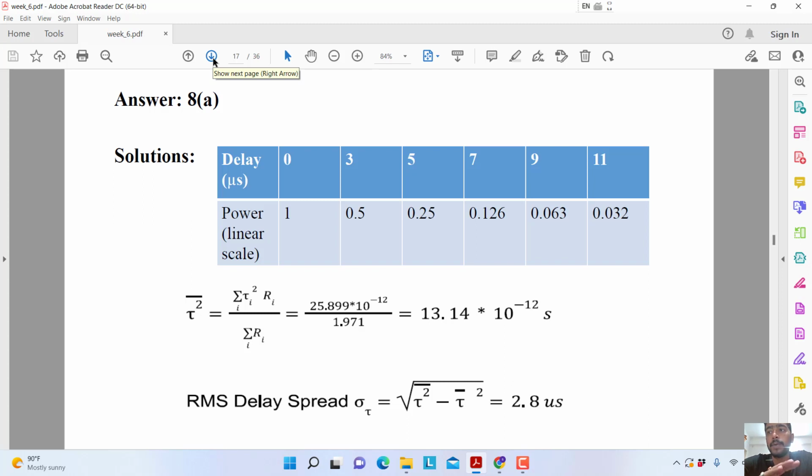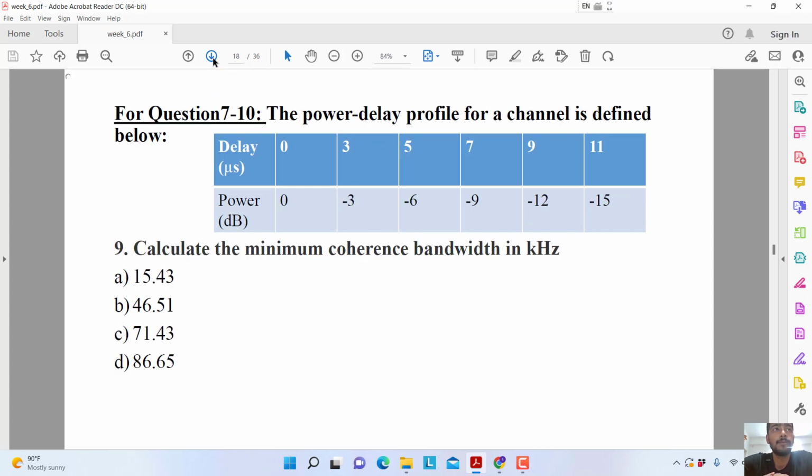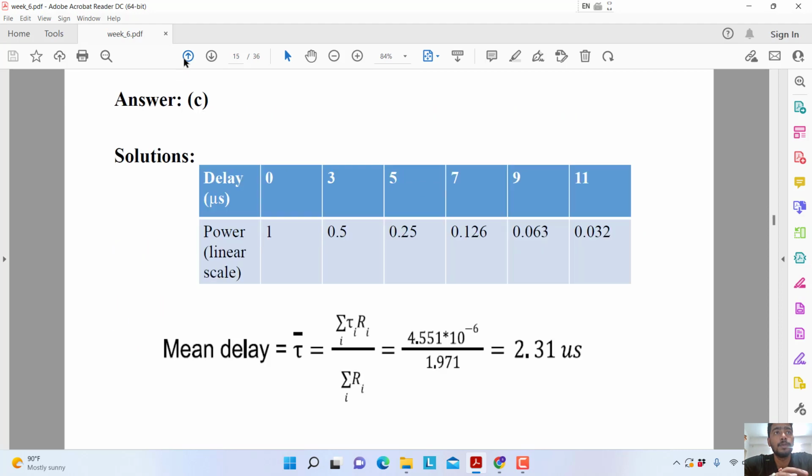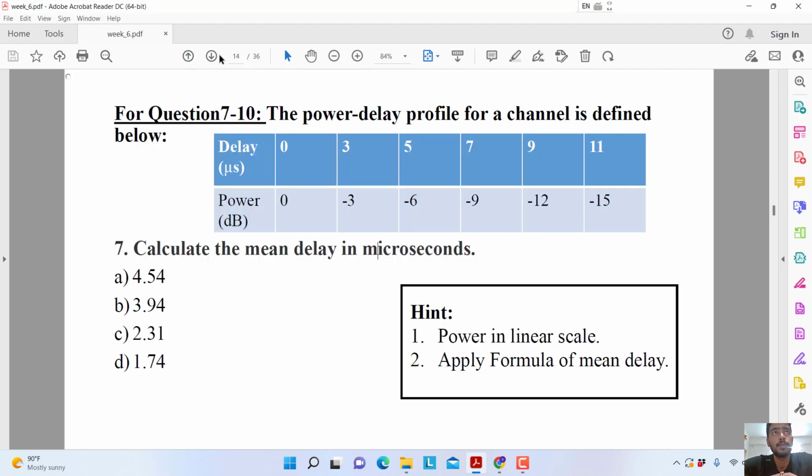Okay, if anybody has a doubt, can ask. Question number 9, the data is the same. They are asking to calculate the minimum coherence bandwidth in kilohertz. In the last two questions we calculated the RMS delay spread and mean delay.